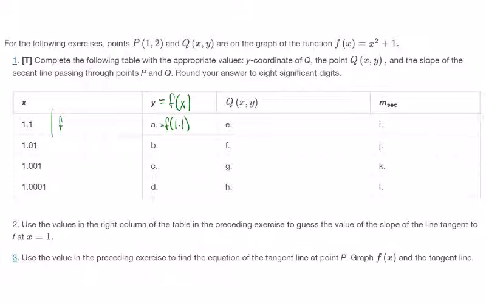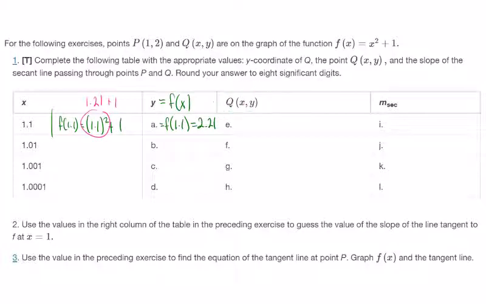So f of 1.1 means I'm putting 1.1 in for x, so it's going to be 1.1 squared plus 1. I do this on my calculator, and that becomes 1.21. So it's 1.21 plus 1, which is 2.21.